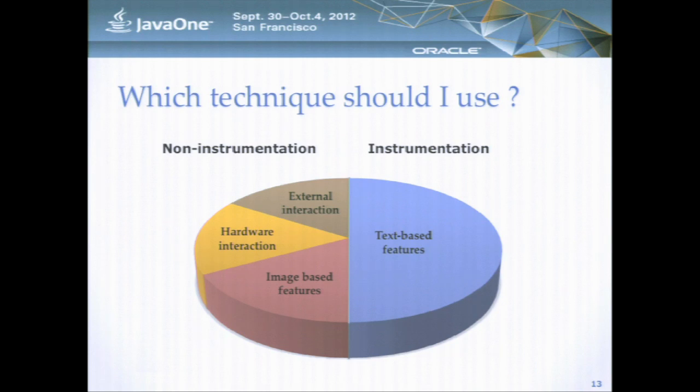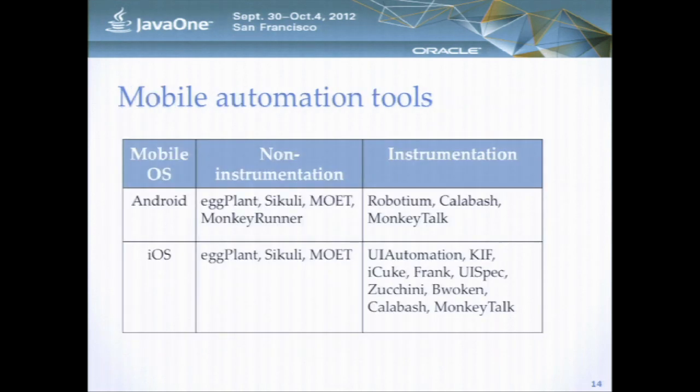So having known these two techniques, we can take a look at the tools that are bucketed in these two areas, and they are very distinct. You can see you have a set of tools in instrumentation for Android and iOS, and these tools can be grouped into multiple languages. This is by no means an exhaustive list. Basically they're mostly open source, with the exception of Eggplant and UI Automation.